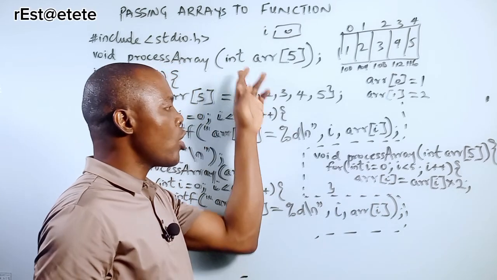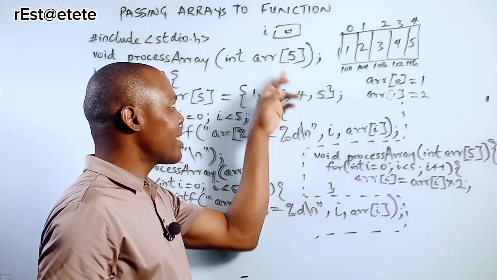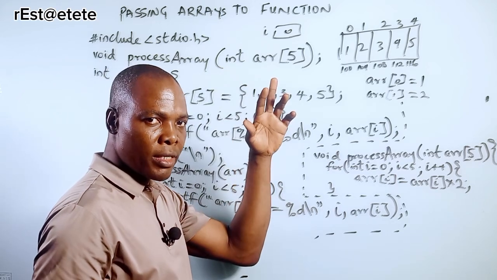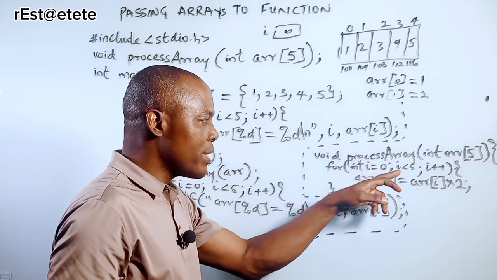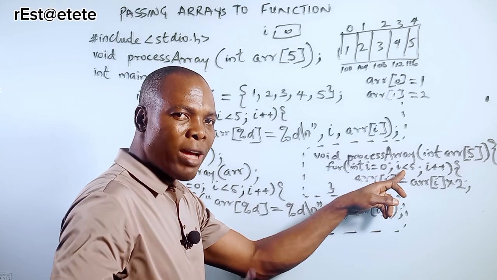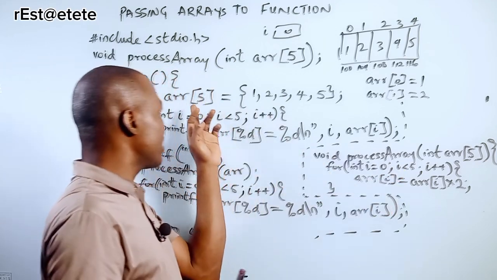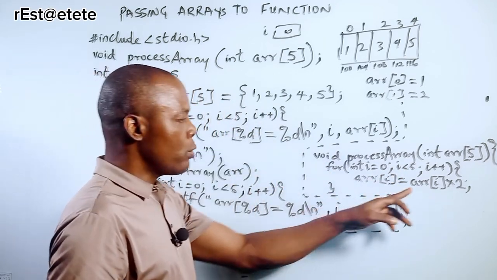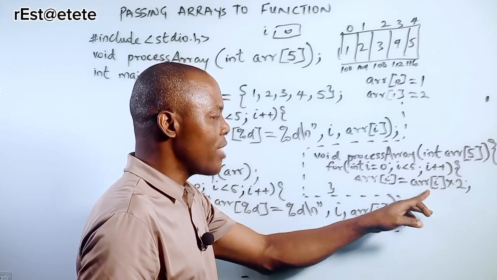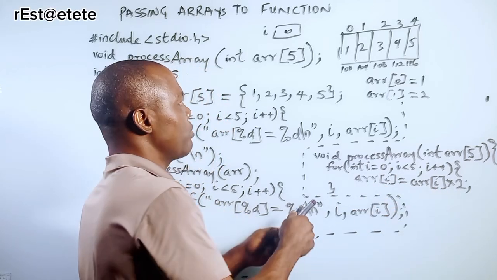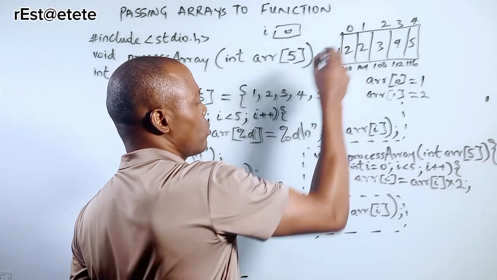And don't forget, I'm passing this array to this function by reference. So whatever is happening inside this function is going to affect the real location of the array. So by multiplying this by 2 and reassigning it back, I'm changing this place to 2.